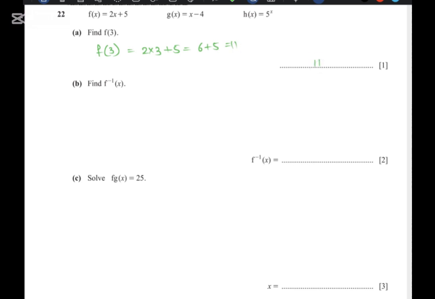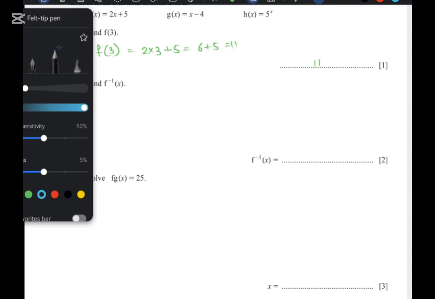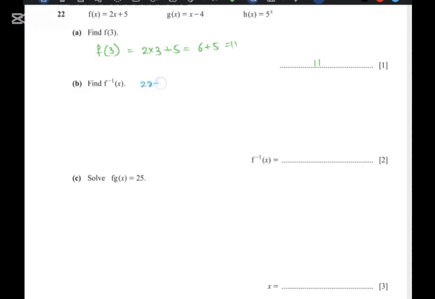Then question B, f inverse of x. So same function f of x. Whenever an inverse is asked, we take the given function to be y. Now keeping x on the left hand side, bring all the constants to the right hand side.